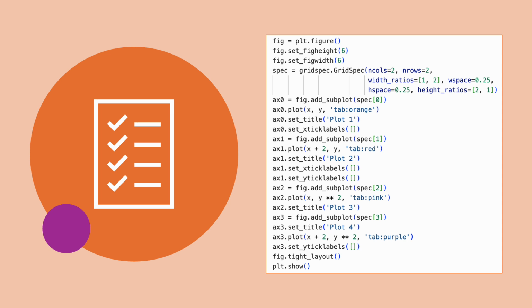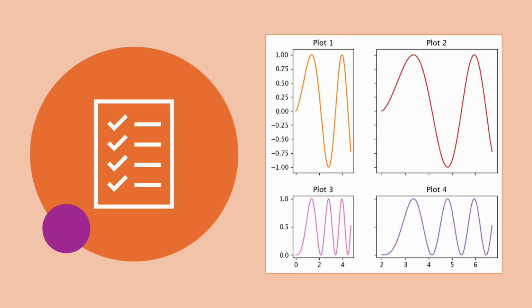By removing the x-tick labels from the subplots in the first row and the y-tick labels from the subplots in the second column, we were also able to share the x-axis between plots 1 and 3 and 2 and 4, and the y-axis between plots 1 and 2 and 3 and 4. Finally, we used the string tab:color to recolor the plots. The output of this code is as shown here.